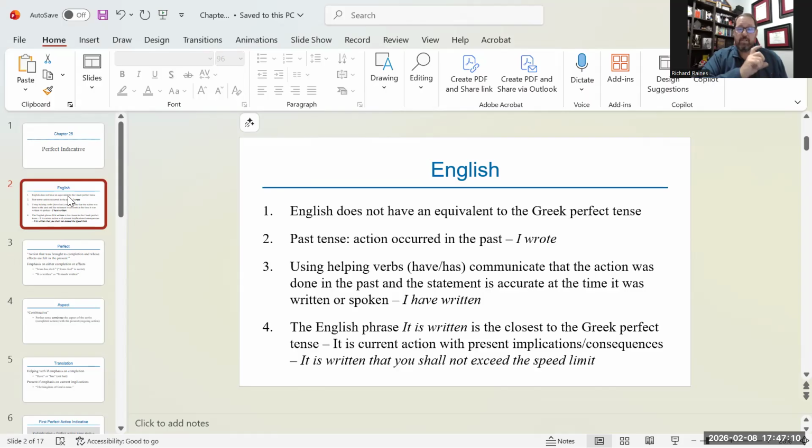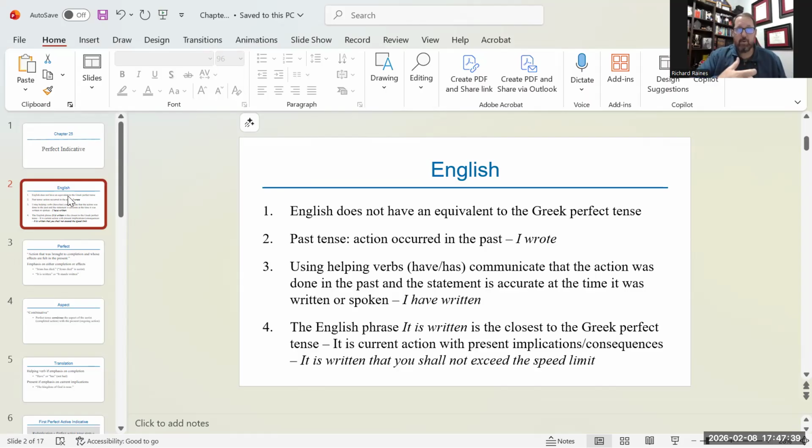So a simple action in the past would be I wrote. It's just communicating that at some point in the past, you wrote. But if we want to communicate that that past action is still accurate at this time, or the thing that you wrote is accurate, you would say, I have written.